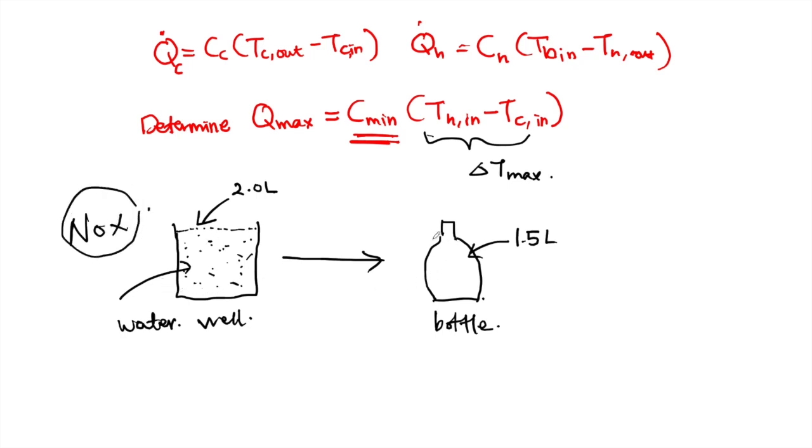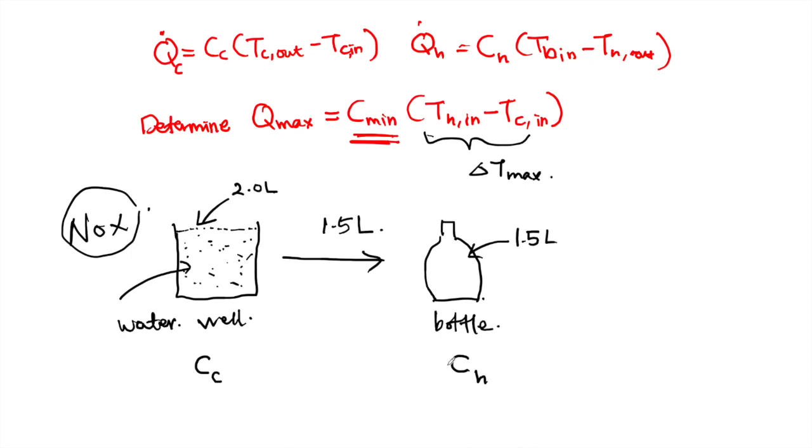Because the maximum water that can be transferred is only 1.5 liter. Okay? So that is the maximum value. That is the maximum amount of water that can be transferred and that can be stored by you in the bottle. Now, imagine that you have CC, for example, and then CH here. So you calculate both of these specific heat capacities.